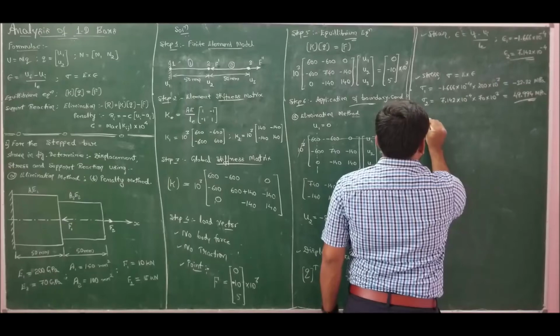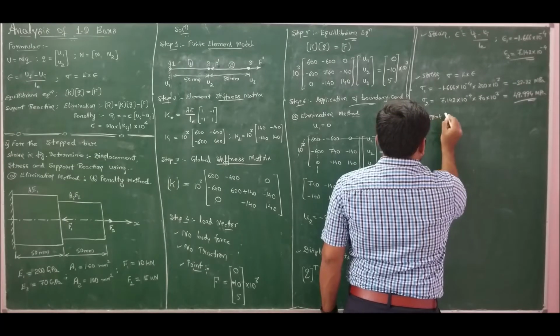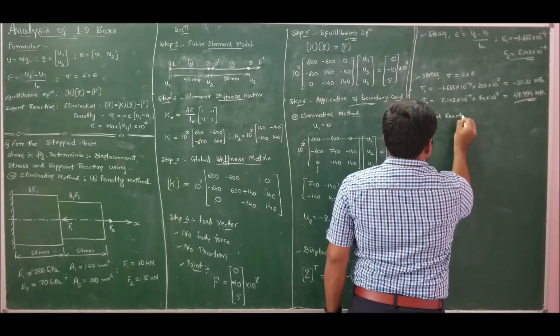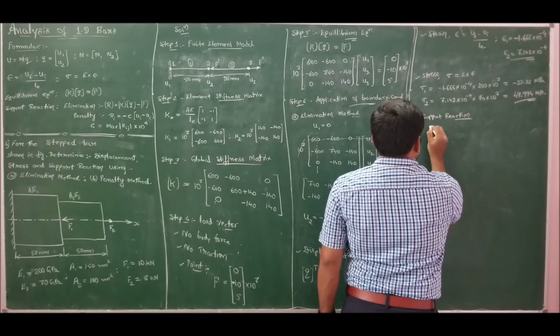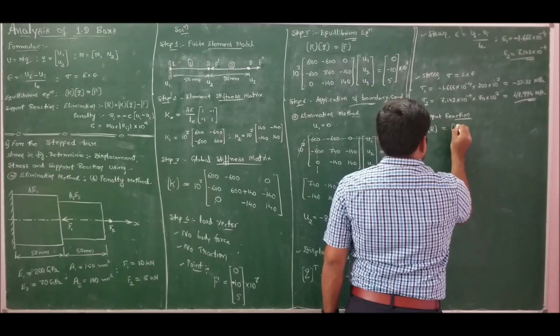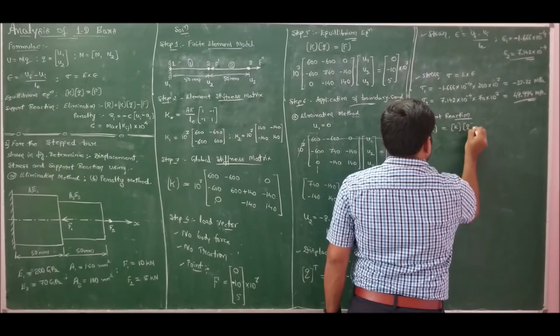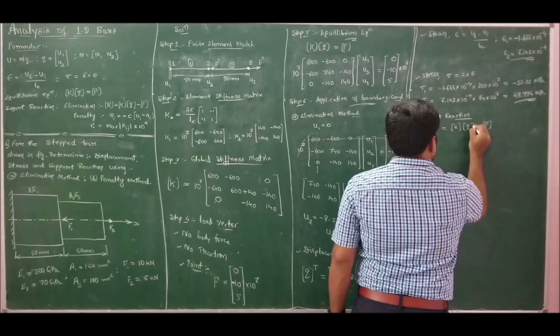Moving on to support reaction. For support reaction from the elimination method, we have R is equal to K matrix into Q matrix minus F matrix.